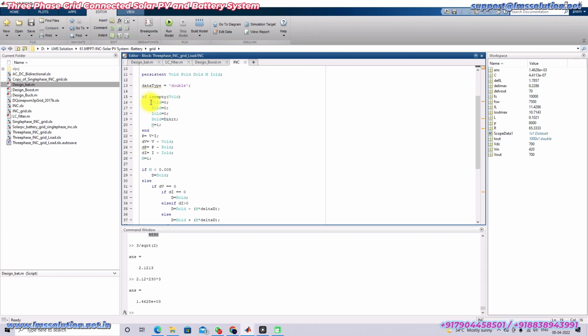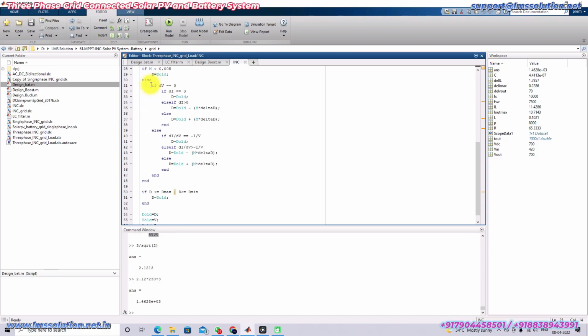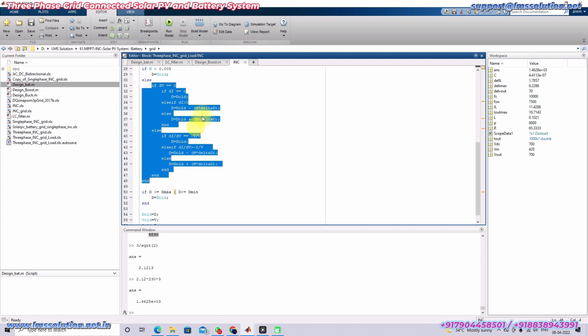If it is empty, you fix the previous voltage, power, and current equal to 0, and the previous duty cycle equal to the initial duty cycle. Then you calculate the PV power, the change in voltage, change in power, and change in current, and here we apply the incremental conductance MPPT concept.